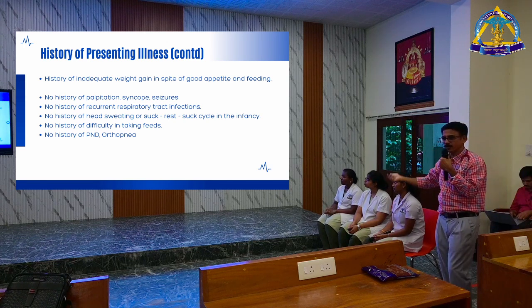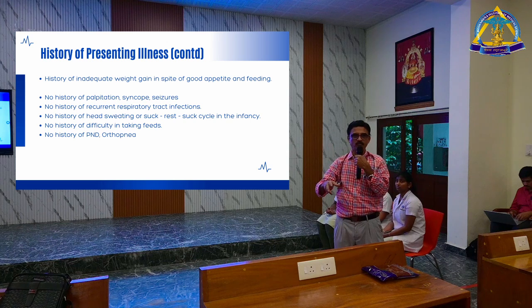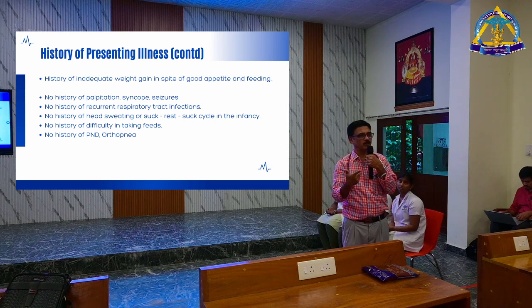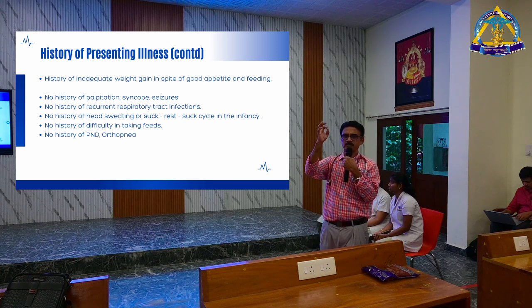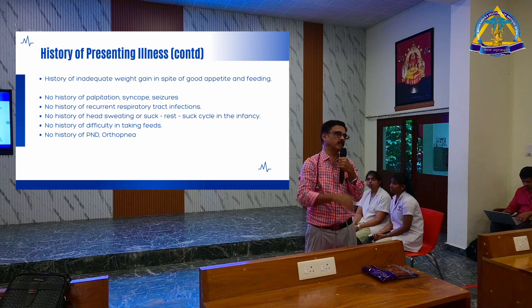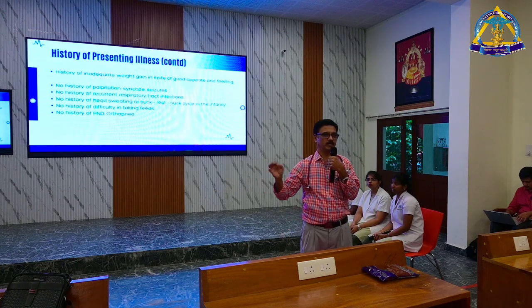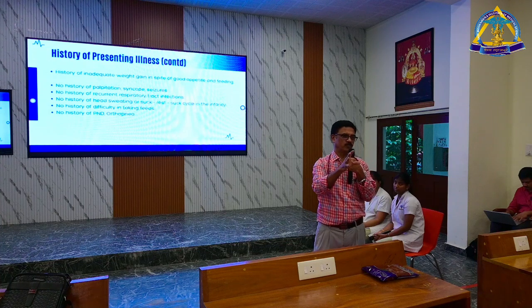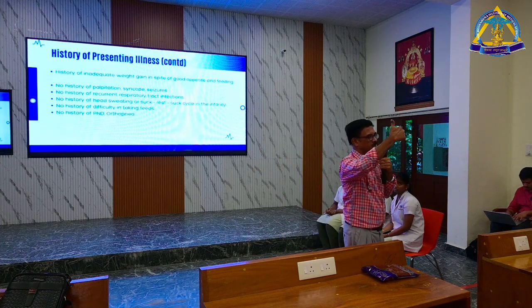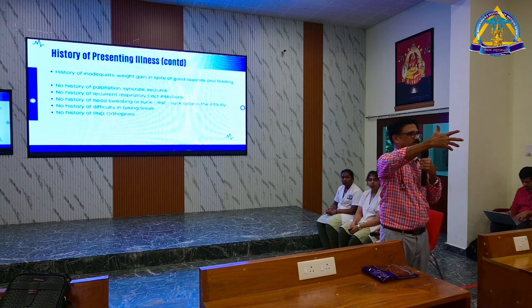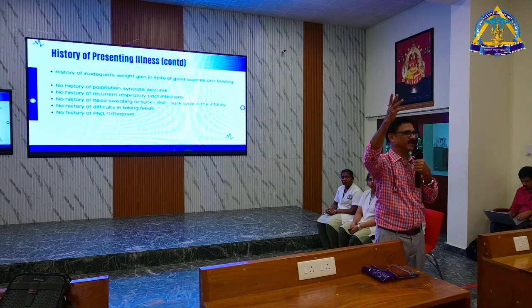But in any cyanotic heart disease, if it is a case of tetralogy, why is there increased respiratory tract infection? Any chance that there is increased respiratory infection? A cyanotic heart disease like tetralogy is having increased respiratory infection. This is a question. Those who want distinction, they can tell.